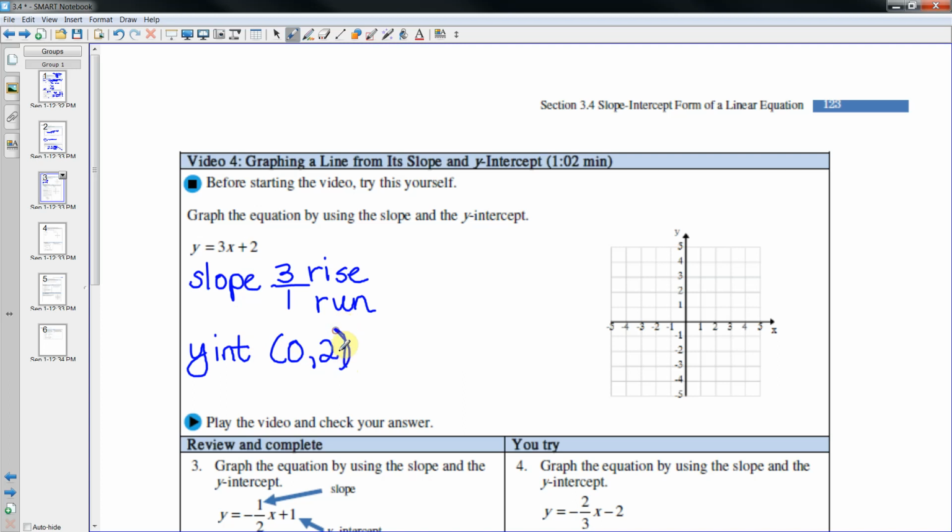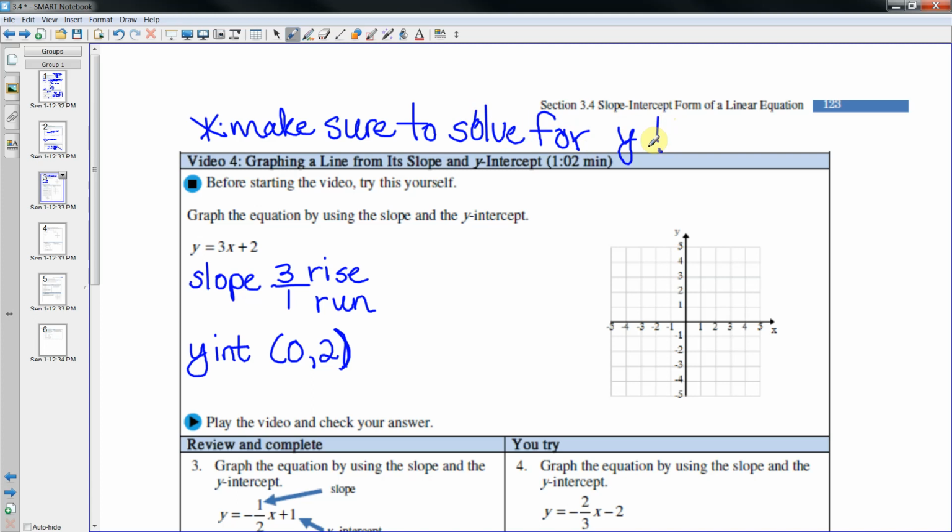Now, something else you need to keep in mind, these have to be solved for y. So make sure if it's not already solved for y, that you do so. So far we've had all of them solved for y.